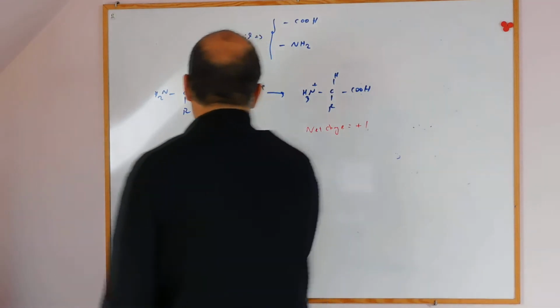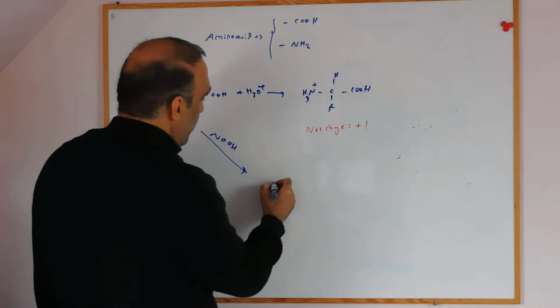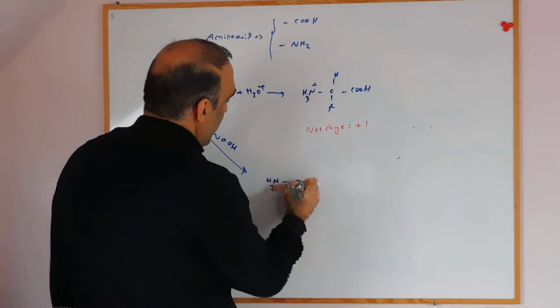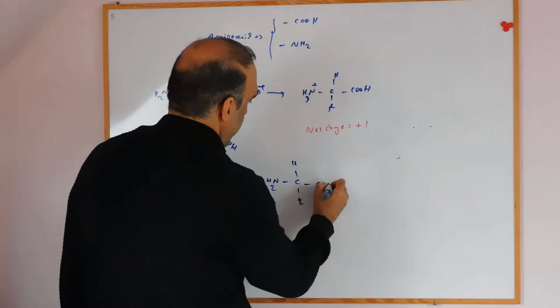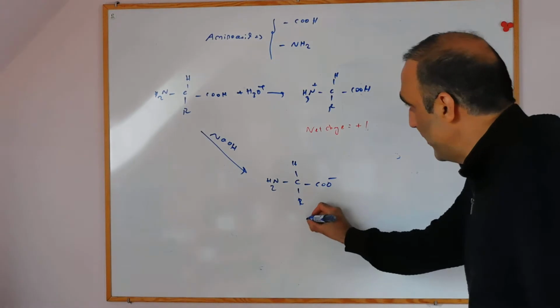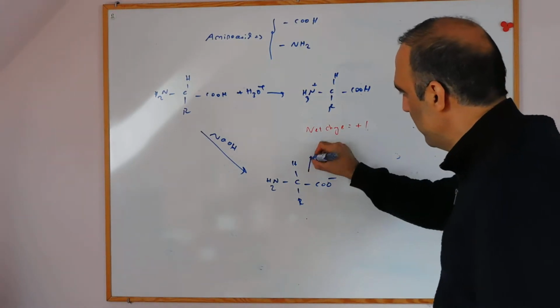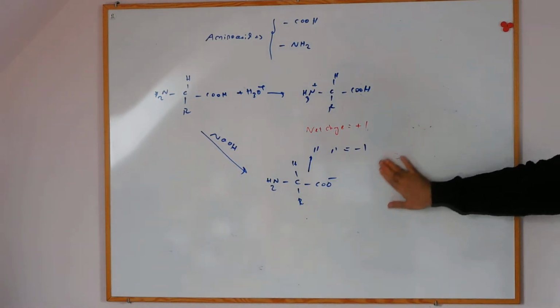But if we react with a base, for example sodium hydroxide, in this case the carboxylic acid group loses a proton and becomes carboxylate, and the net charge is equal to -1. Okay?